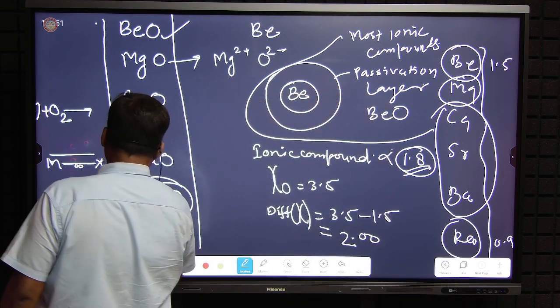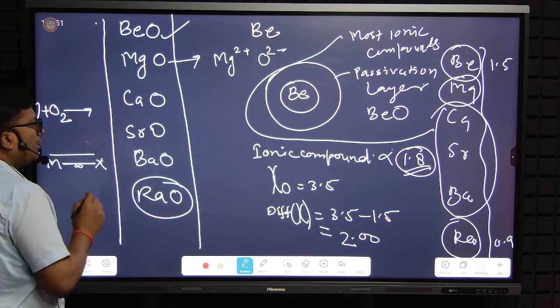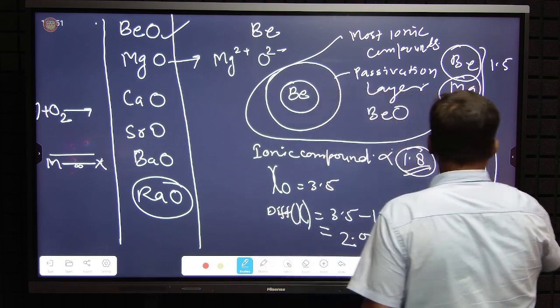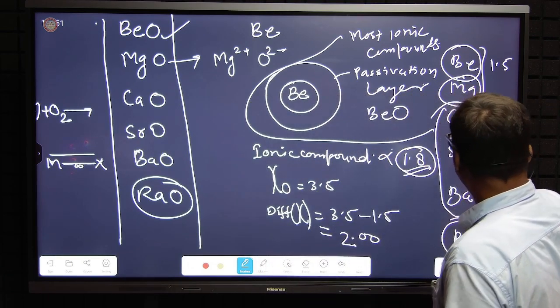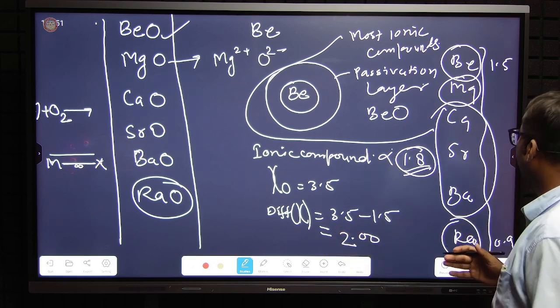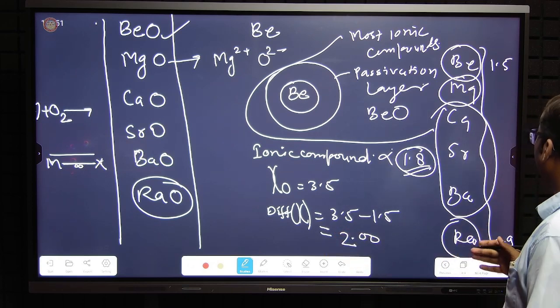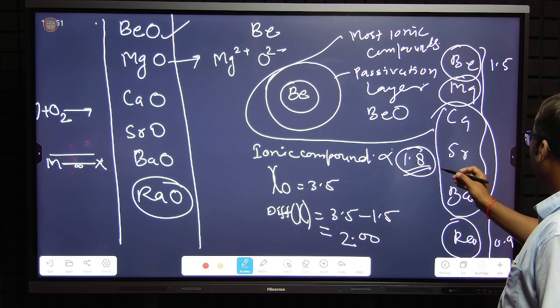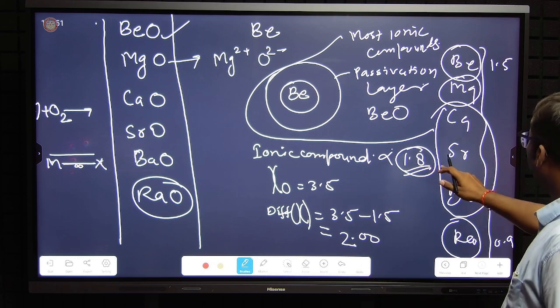So some covalent character is obtained in case of beryllium and magnesium because they have less difference in electronegativity, and they are comparable to 1.8 or less than 1.8.